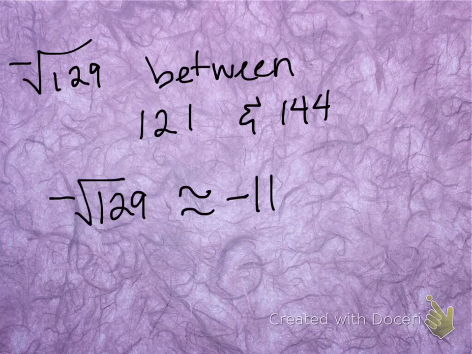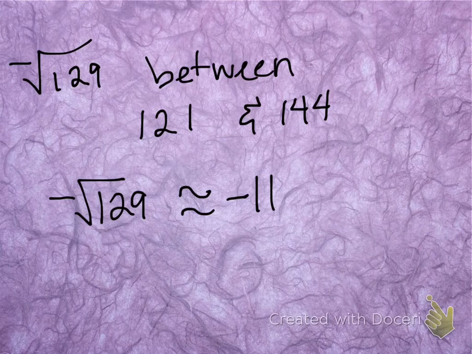Another example: negative square root of 129. Remember it's got that negative sign out front, and all we need to worry about is dealing with that at the end. So we deal with what's under the square root first. If we're estimating 129, it's between 11 times 11 and 12 times 12, which is 121 and 144.